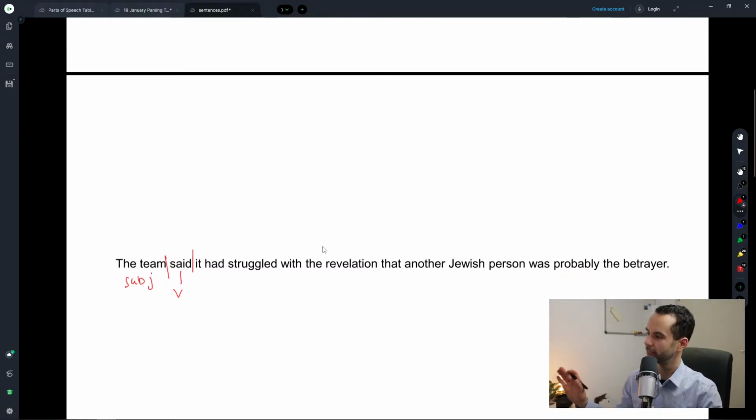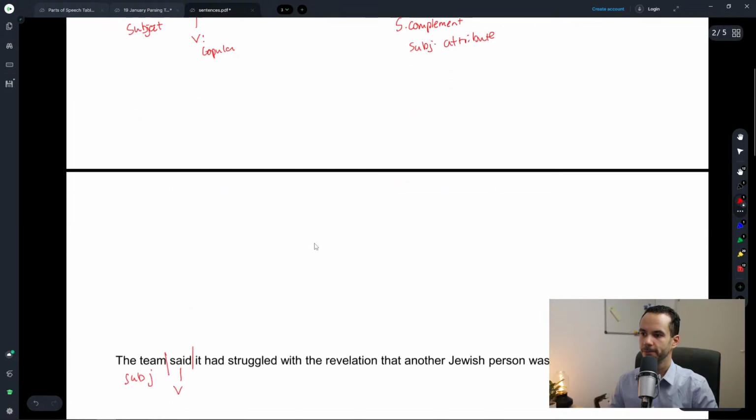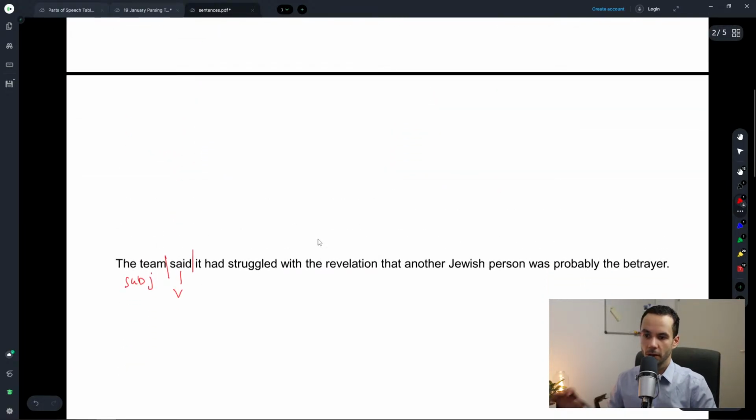I will have a look at the questions in a second, after we've done these 5 sentences. So the team said it had struggled with the revelation. So that means that the rest of this sentence is our direct object because it said something. So the rest is our direct object.